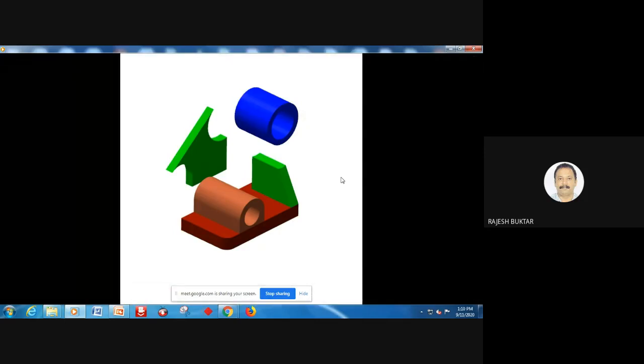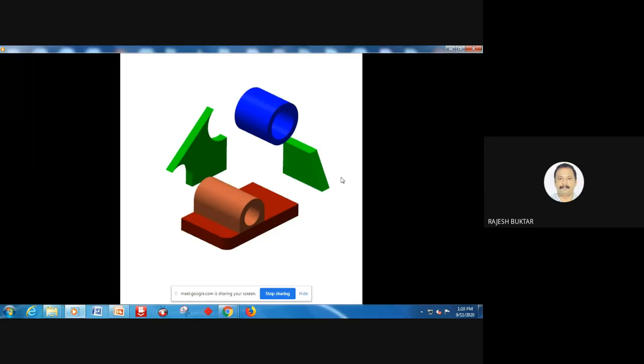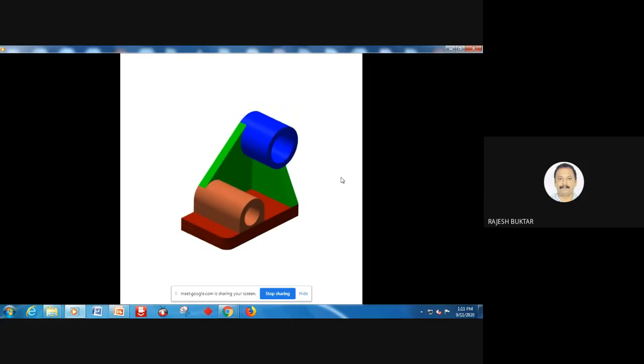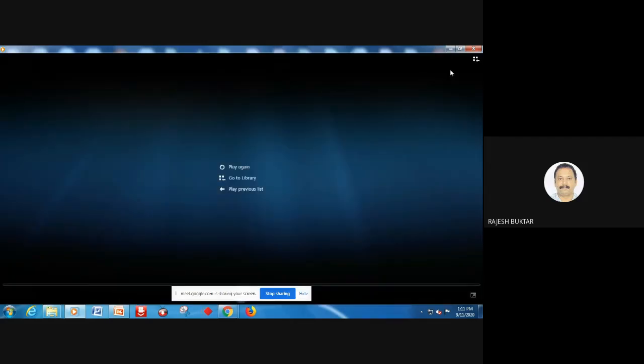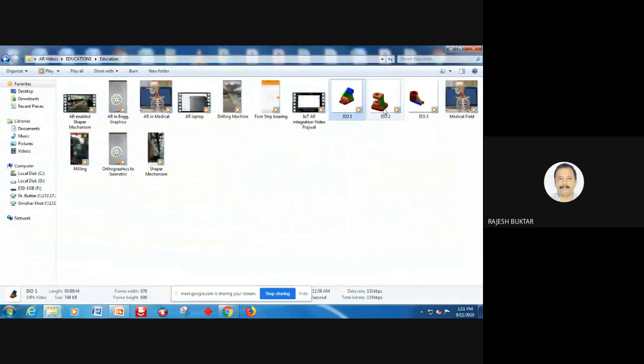So if a student is not able to imagine a big, complicated assembly, then you can explode the view and show him the different parts step by step. That will improve his imagination power and knowledge of understanding 3D components for the subject of engineering graphics. And then you can show how these things are assembled and they can imagine step by step.